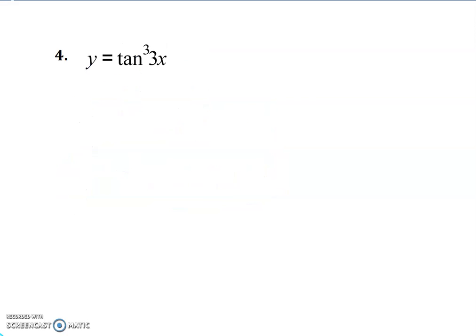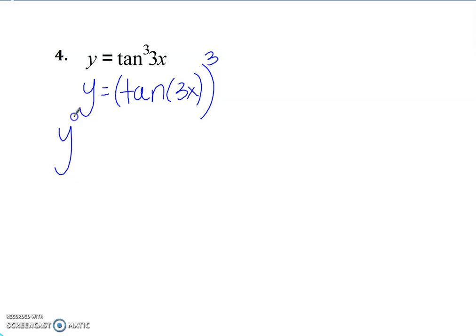Number 4, so we have multiple layers here. We can think about it like this. We have the cubing, then the tangent, then the 3x. So I'm going to have 3 different pieces here. Let's first start with dealing with the cubing. I'm going to move that 3 out front, and then that becomes squared. I'm then going to do the tangent 3x, which the derivative of tangent is secant squared x.